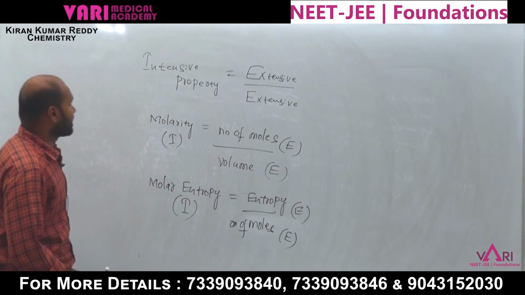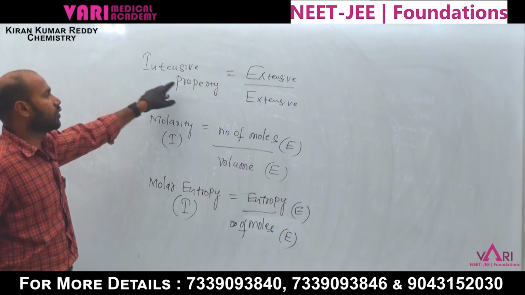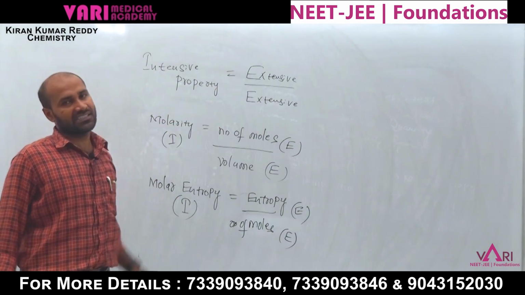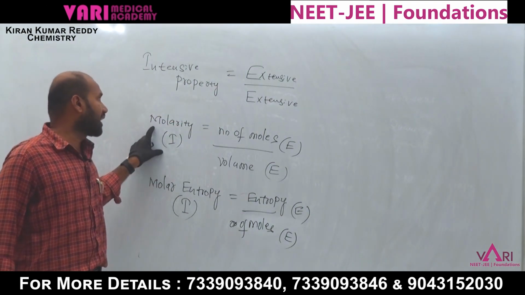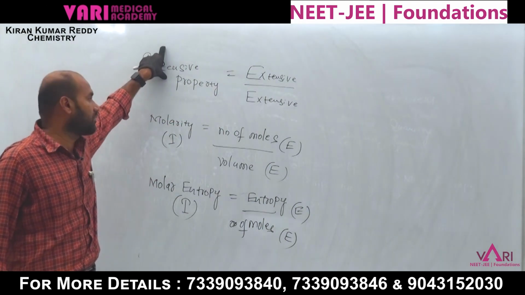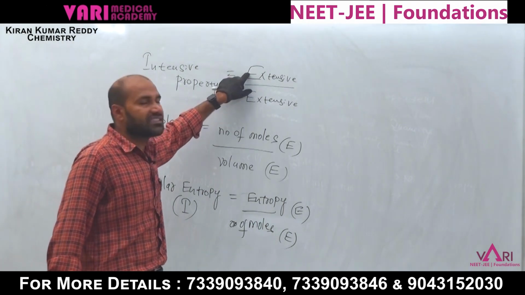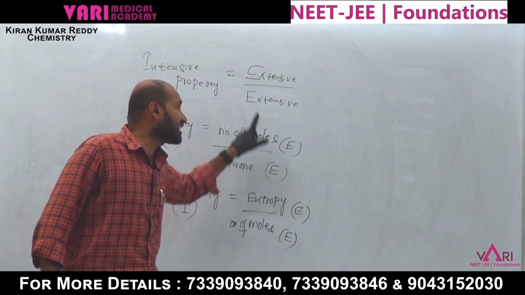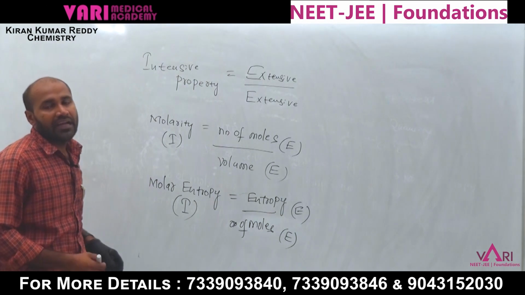Now what you understand: intensive property is equal to extensive property by extensive property. If you take molarity, molarity is intensive, and the number of moles and volume are extensive.